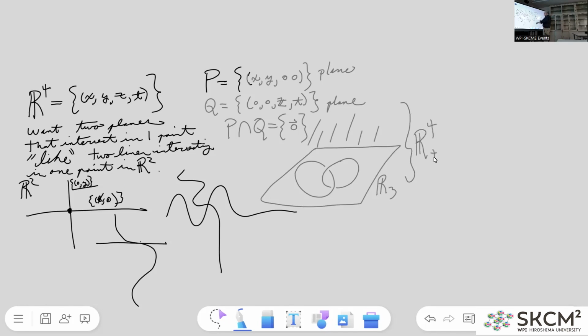And it is true that you can put a disk in here and another disk in here, and those two disks will intersect in one point.